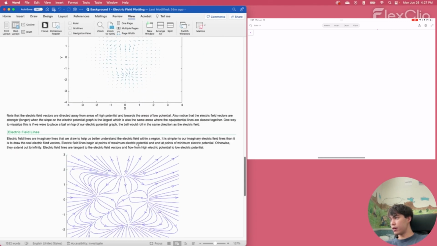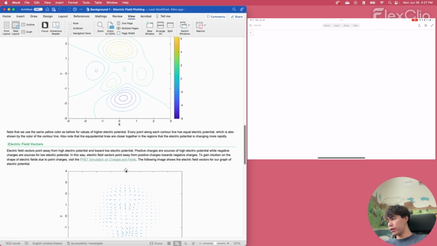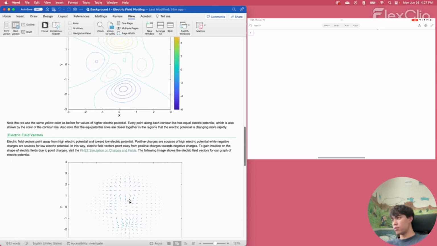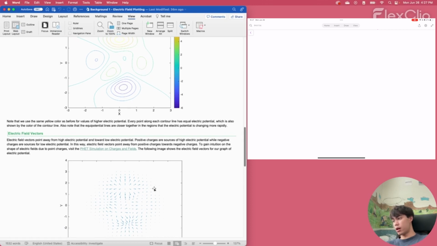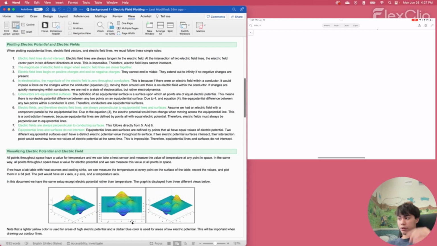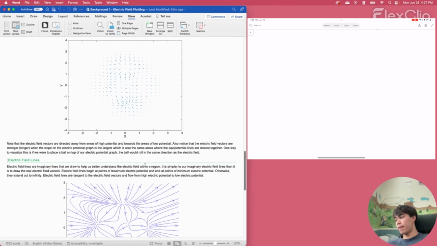So we can see that here. It points from the top to the bottom of our slope. They don't point out of the bottom, they stay at the bottom. They point out of the top into the lower electric potential, from high to low electric potential.